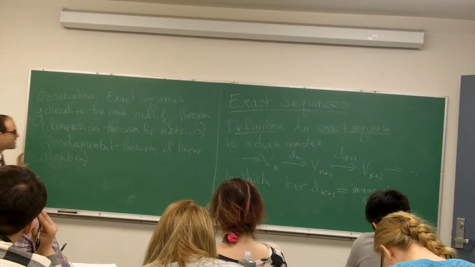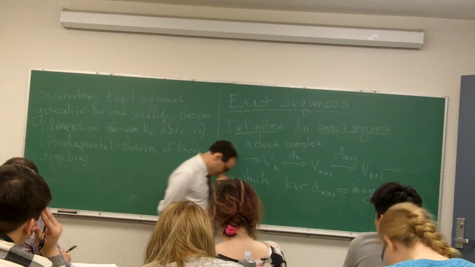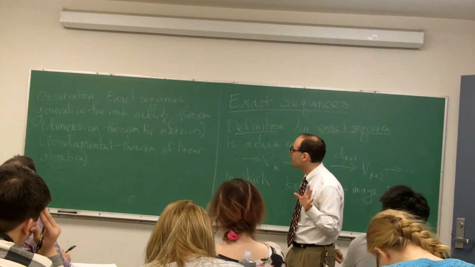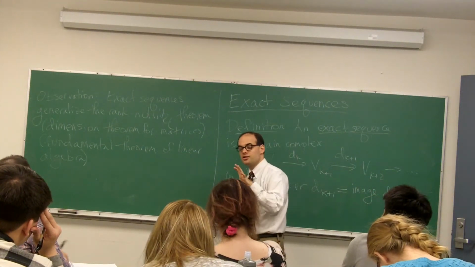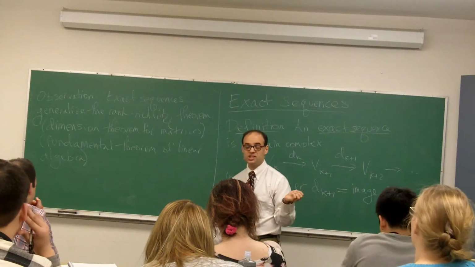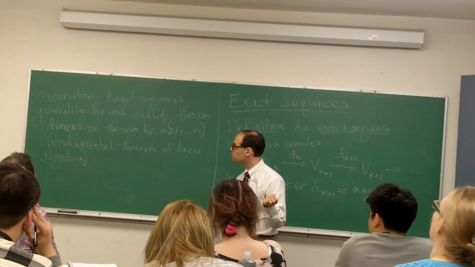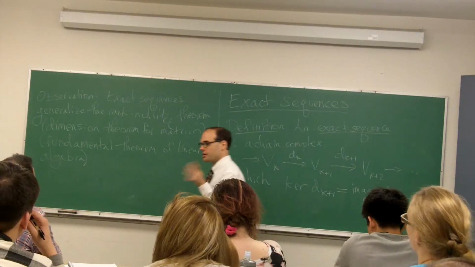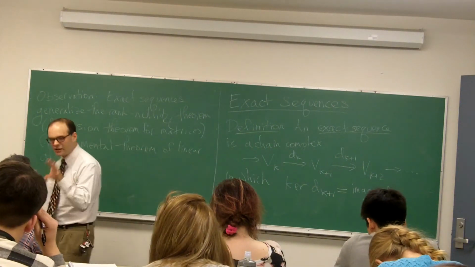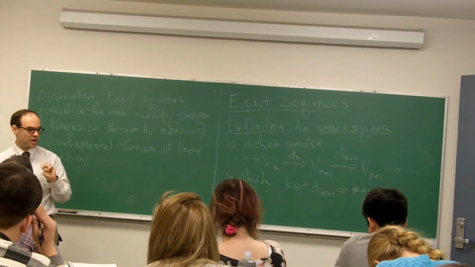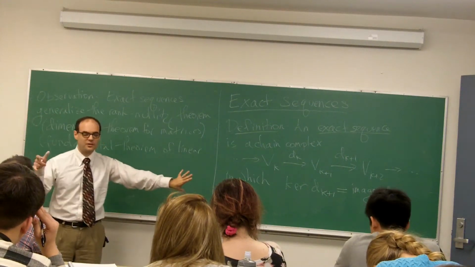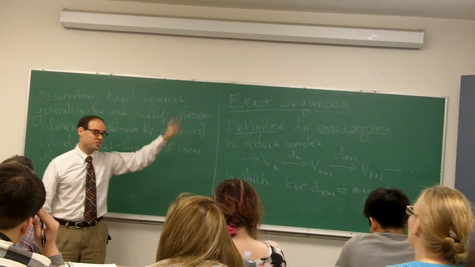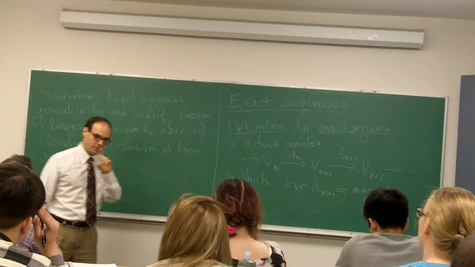The idea is if I have a linear map, then I can take apart the domain by looking at all the stuff that's sent to 0, i.e. the kernel, and everything that isn't, the rest of the non-kernel, so to speak, and I can identify that non-kernel stuff with the image, that in fact they're isomorphic. And then there's some stuff left over, which was the co-kernel that I mentioned.